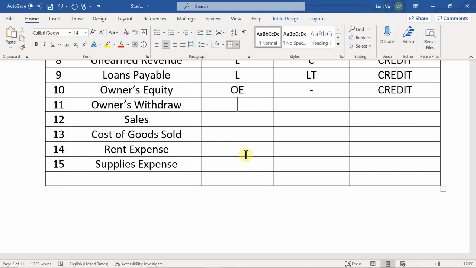So that would have no categories. And it's debit, yes, because we're decreasing the value of the company. So you would normally debit the account if you're trying to decrease the value of the company.